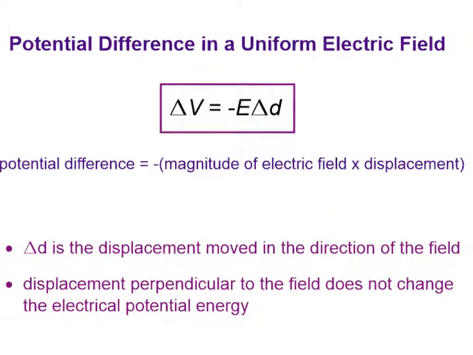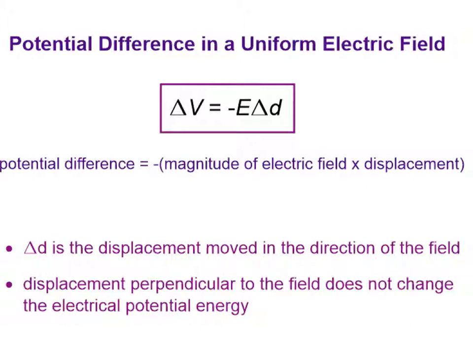Let's think about the electrical potential energy of a charge in a uniform electric field. If we do that, we can combine the expression for potential difference with the expression for electrical potential energy. I'll just spare you the math on that.